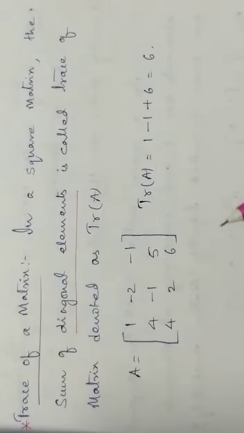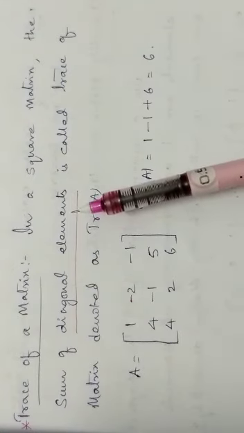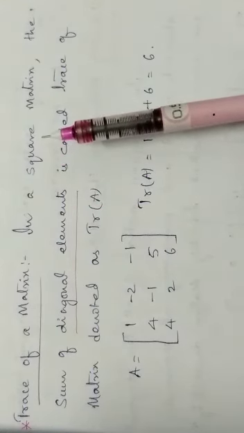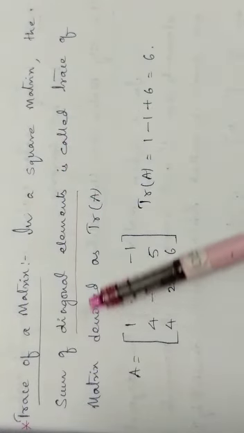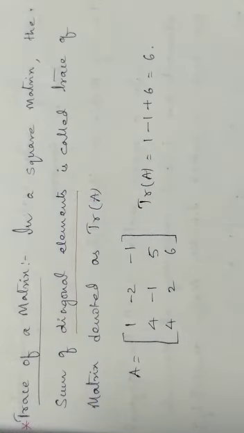So, whenever we use the word diagonal elements, it must be a square matrix. Very simple definition. Sum of diagonal elements is called trace.